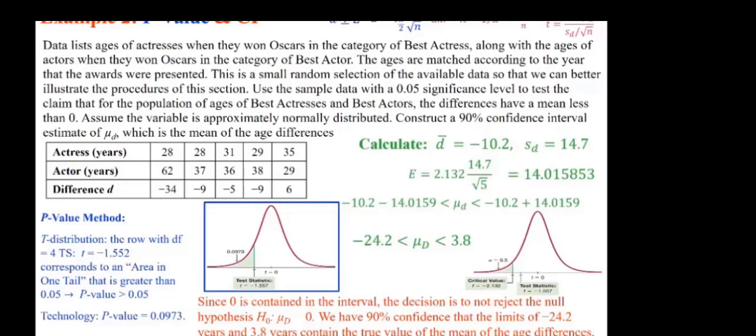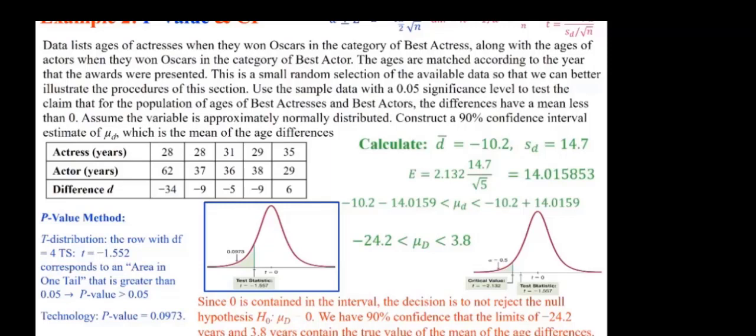Since 0 is contained in the interval, the decision is to not reject the null hypothesis, H0: mu sub d equals 0. So we have 90% confidence that the limits of negative 24.2 years and 3.8 years contain the true value of the mean of the age difference.